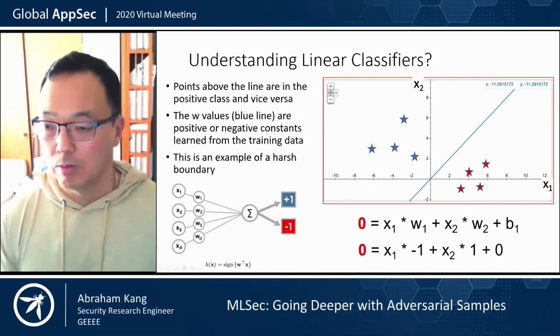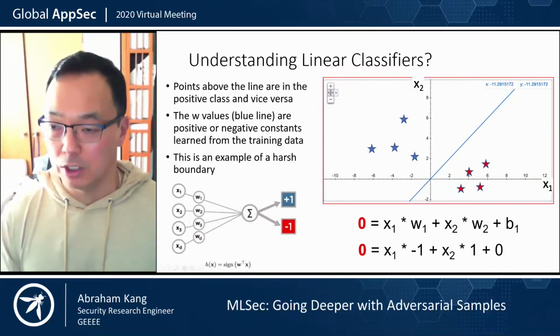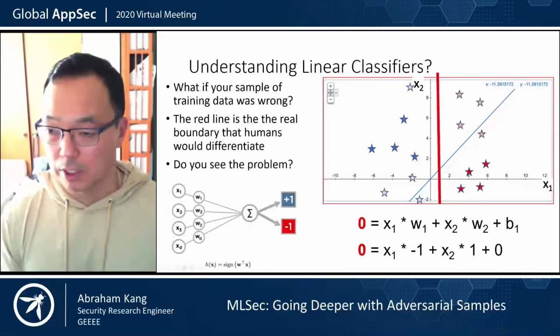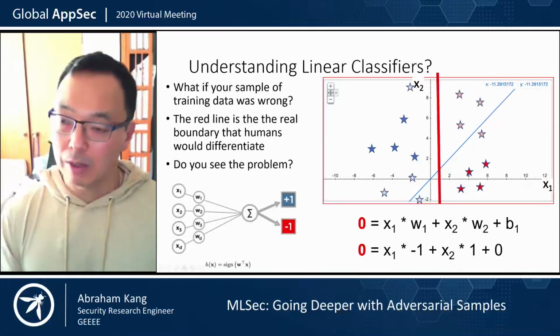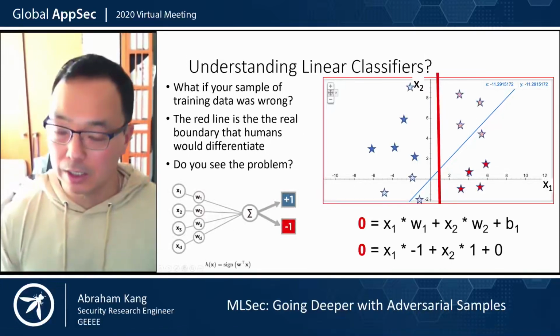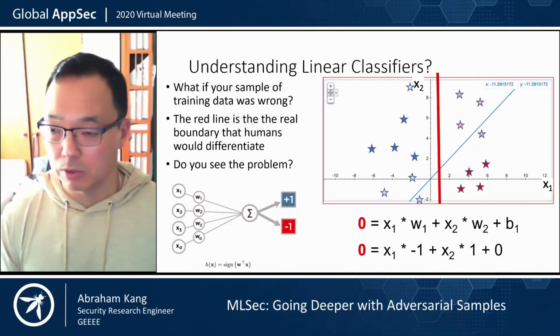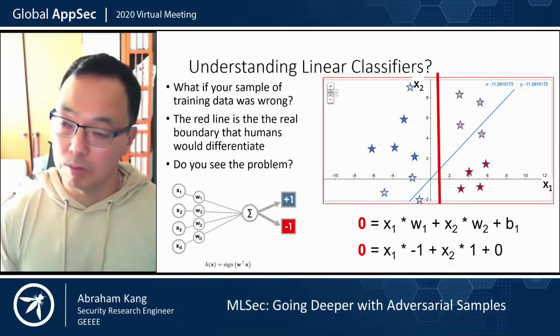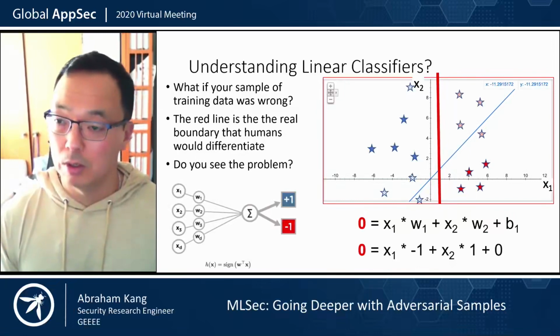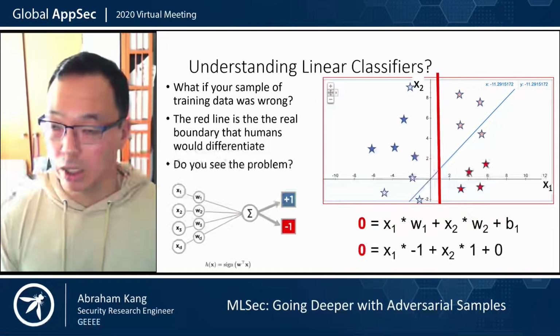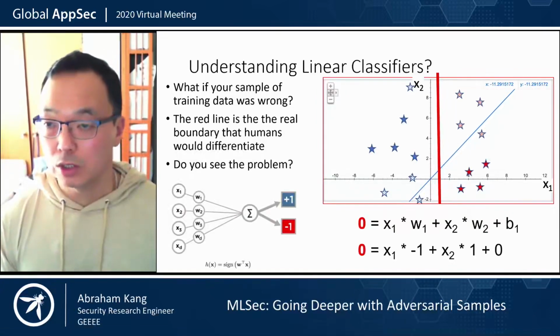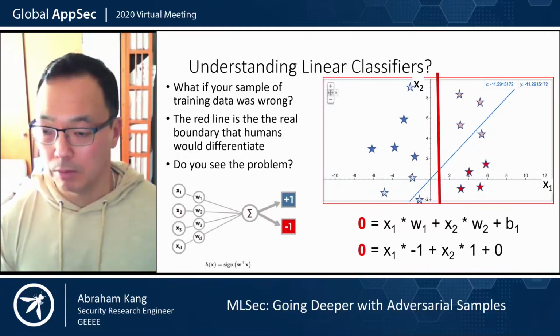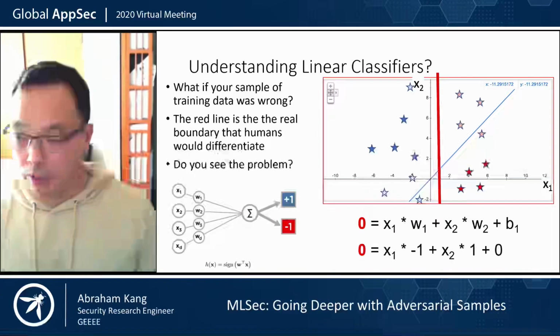But because we didn't have that training data, we learned a boundary like this. So what does that mean about the technique we're going to use to create adversarial samples? Where do we want to start, so that we can push points across the incorrectly learned boundary, but not across the human boundary? So if you think about that.